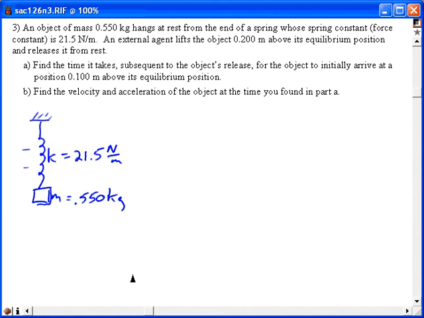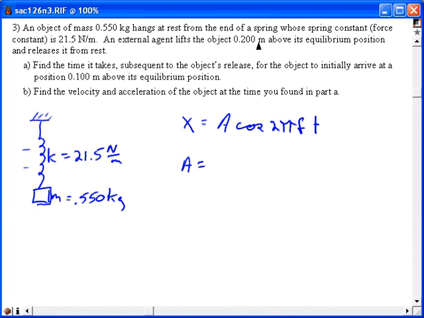Going back over here, write that down: x is equal to A times the cosine of 2 pi f times t.